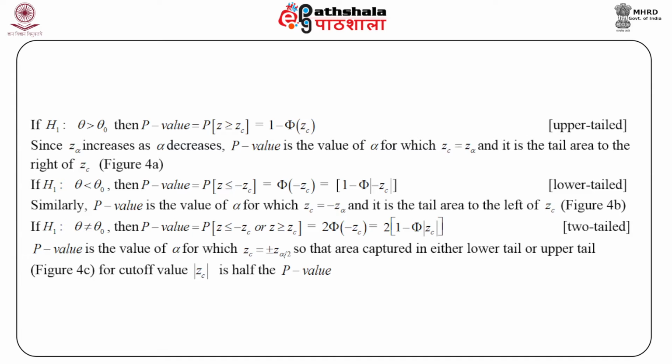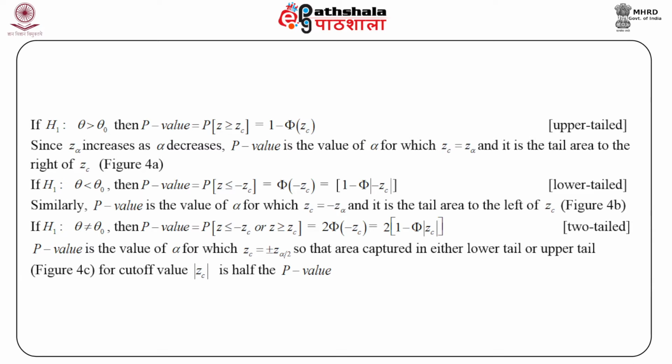Since Z alpha increases as alpha decreases, the p-value is the value of alpha for which ZC is equal to Z alpha, and it is the tail area to the right of ZC, which is our figure 4a.